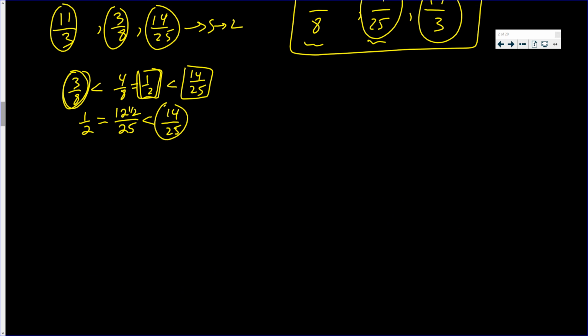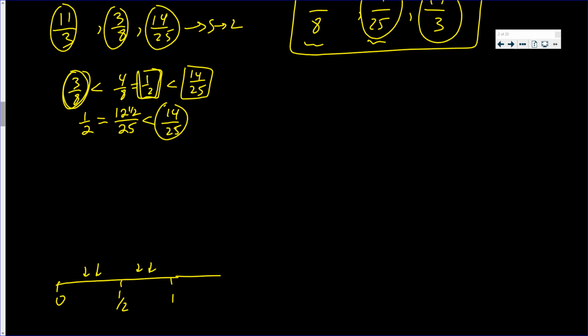But sometimes that doesn't really help. If we have 0, 1/2, and 1, maybe we'll have two numbers less than 1/2, or maybe two numbers bigger than 1/2.